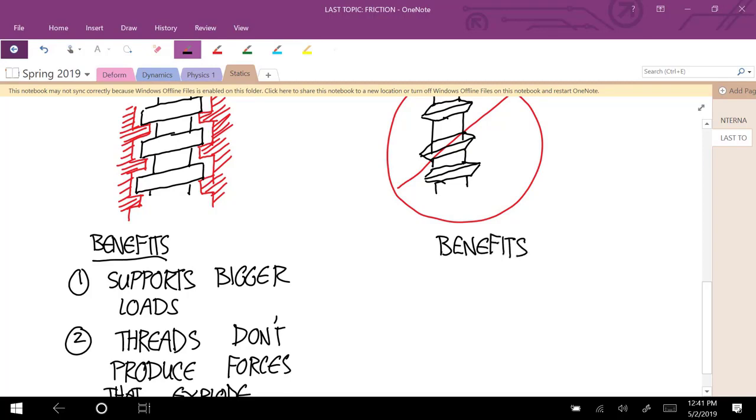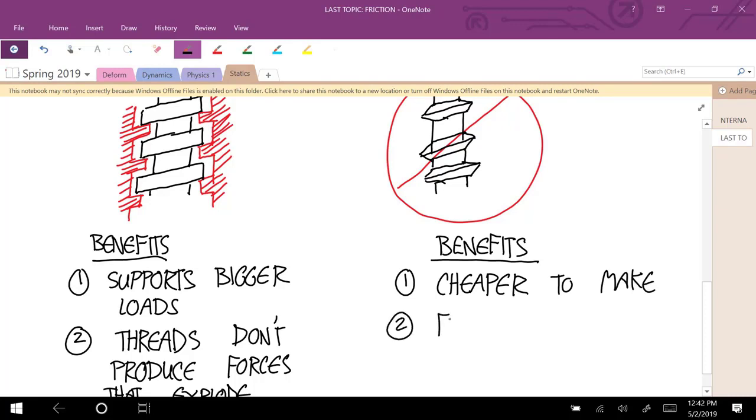For wood, yeah, for wood, cheaper to make, faster to make. Maybe those are the same thing. But if you want something where big loads are going to be supported, you need to use square threads.